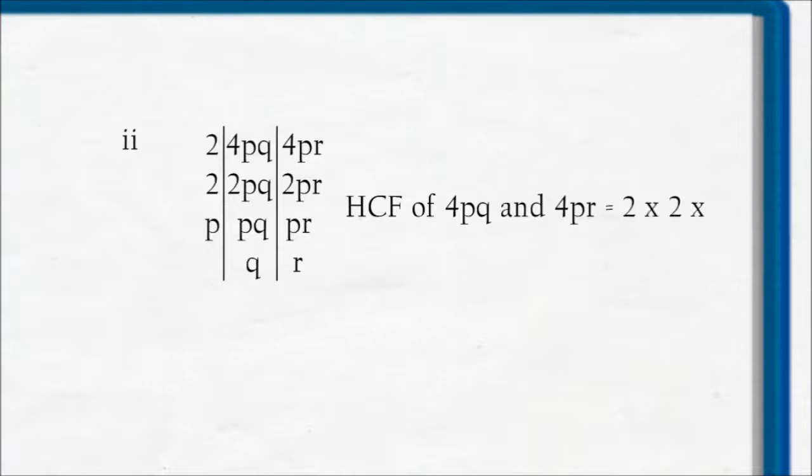Now, what is common to PQ and PR? Letter P. So we use the P to divide both of them. P will go into PQ, and we're left with Q. P will go into PR, and we're left with R. The HCF of 4PQ and 4PR will be equal to 2 multiplied by 2 multiplied by P. That will give us 4P.